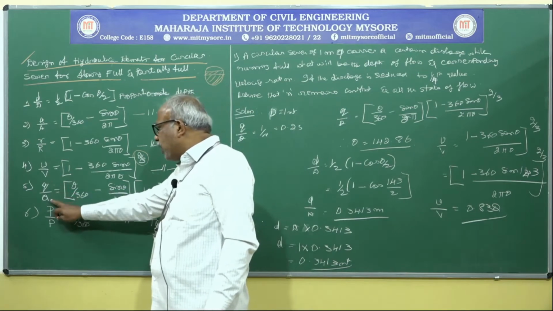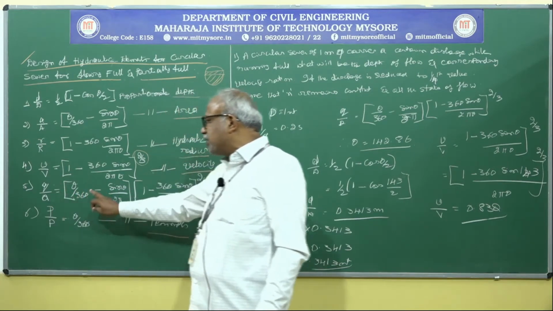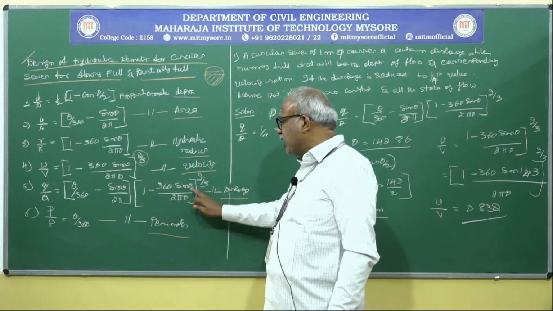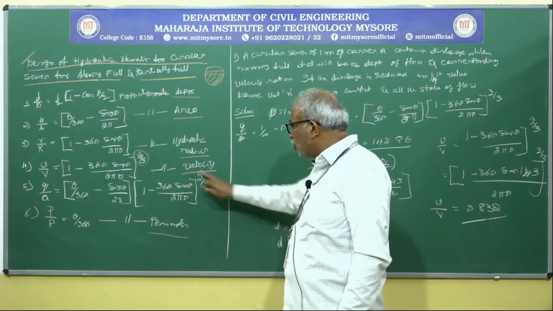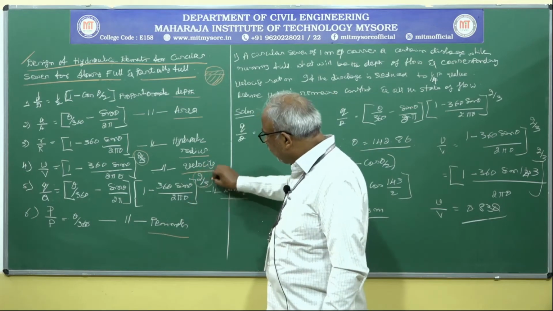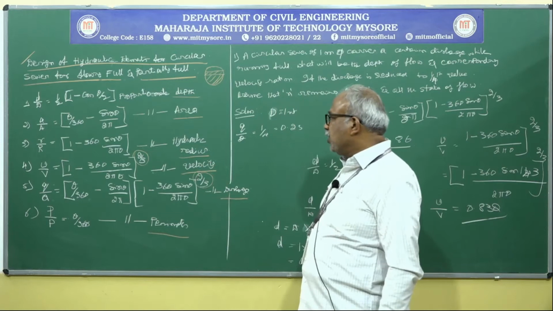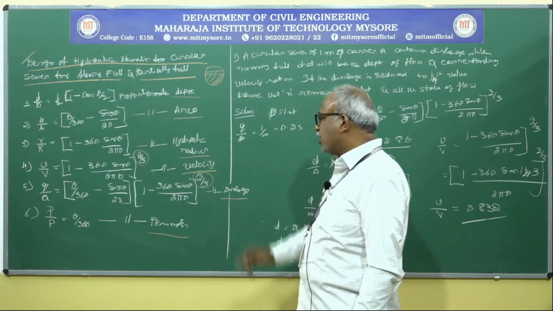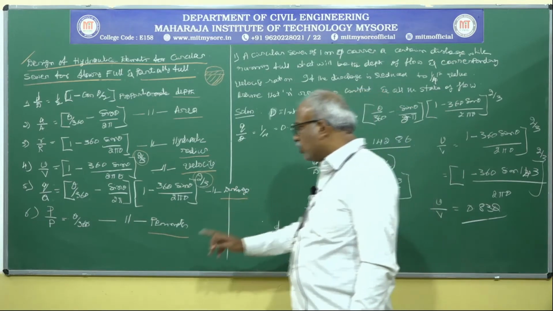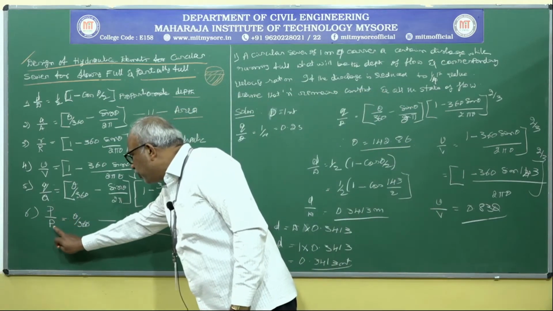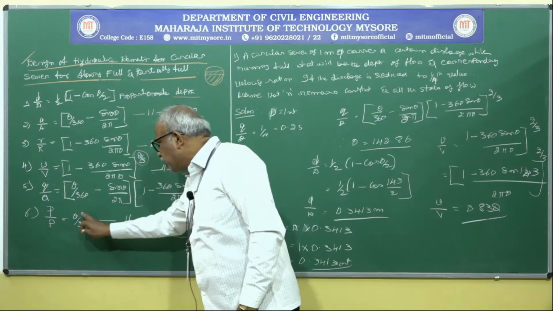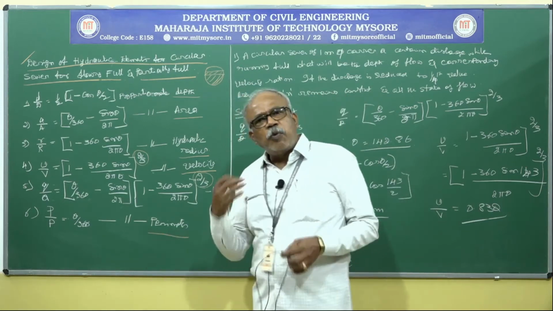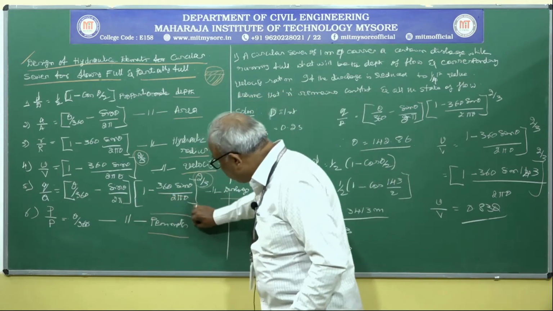Next, small q by capital Q equals (theta by 360 minus sin theta by 2 pi) into (1 minus 360 sin theta divided by 2 pi theta) whole to the power of 2 by 3. This is used to calculate proportionate discharge. And finally, small p by capital P equals theta by 360. This equation is used to calculate proportionate perimeter.